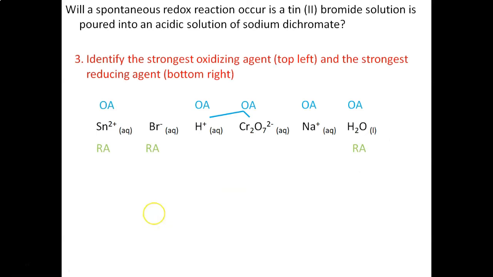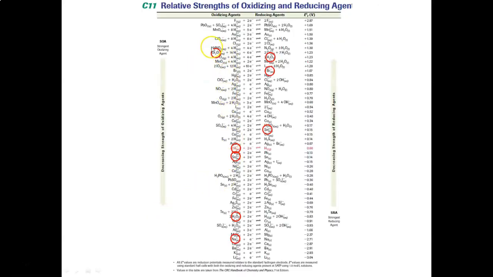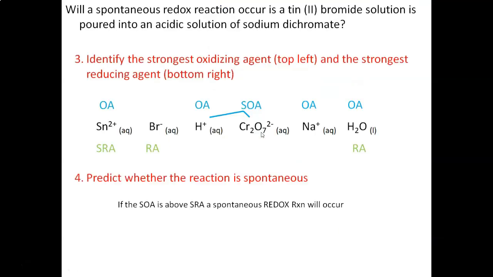Then we're going to identify our strongest oxidizing agent and strongest reducing agent. So my highest on the left is my dichromate with acidic proton, and my lowest on the right is my tin(II). So therefore a spontaneous redox reaction will occur between them. Okay?